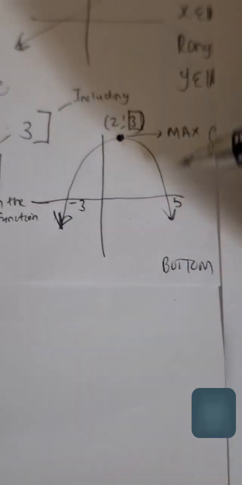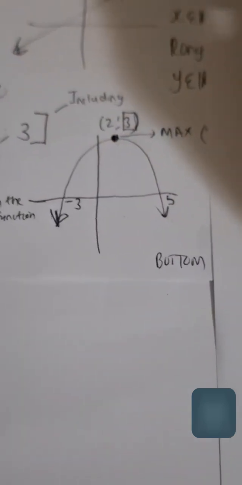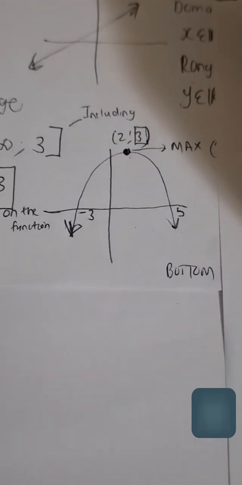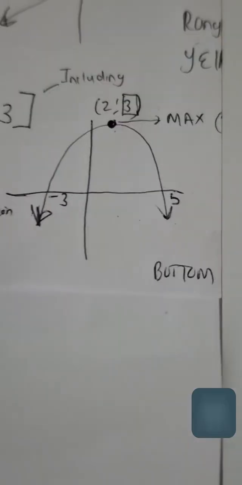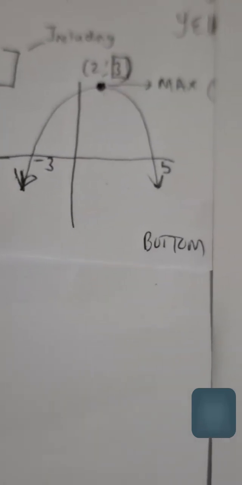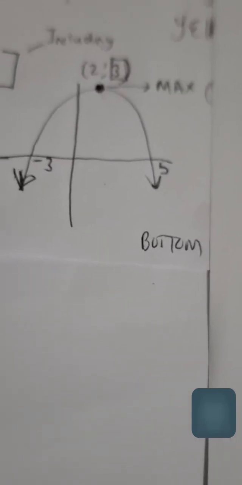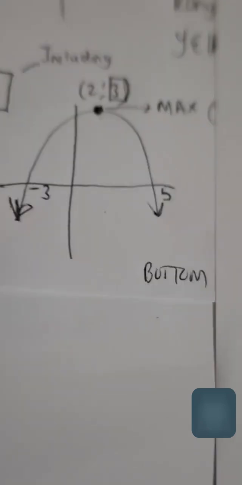You said the function will exist everywhere from left to right. So x is less than or equal to 2. Okay, no. Remember this 2 here.